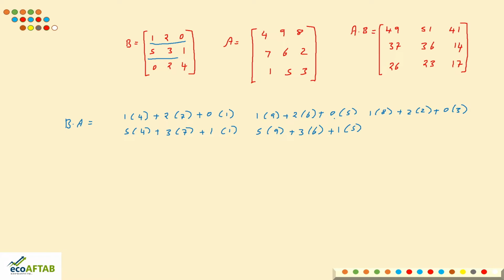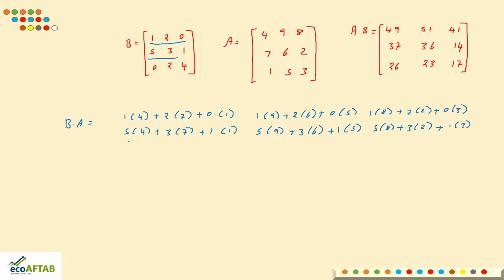Then coming to the next row, I'm going to take the second row with all the columns. 5 multiplied by 4 plus 3 multiplied by 7 plus 1 multiplied by 1. 5 multiplied by 9 plus 3 multiplied by 6 plus 1 multiplied by 5. Now coming to the third column, 5 into 8 plus 3 into 2 plus 1 into 3. And lastly, I am going for the third row with all the columns.